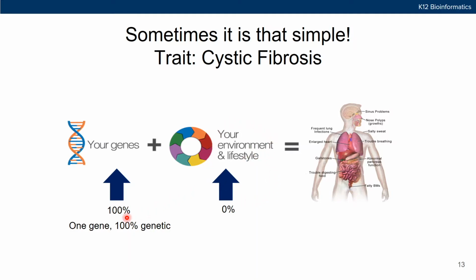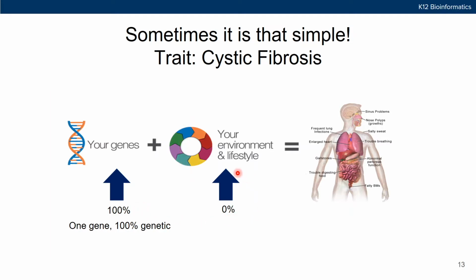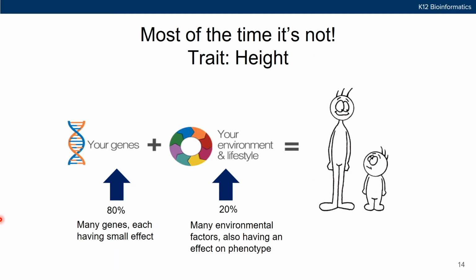Sometimes, in the case of monogenic traits like cystic fibrosis, it is 100% genetic. That is, one gene is controlling the expression of that phenotype, and there's no environmental input. But as we said, most of the time, it's actually not that simple. For any given trait, there are a number of genes that collectively make up your genotype, or the particular versions of genes that you have for a given trait.